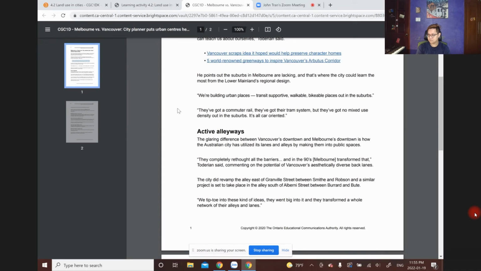We're building urban places, transit-supportive, walkable, bikeable places out in the suburbs. They've got commuter rail and their tram system, but they've got no mixed-use density out in the suburbs. It's all car-oriented.